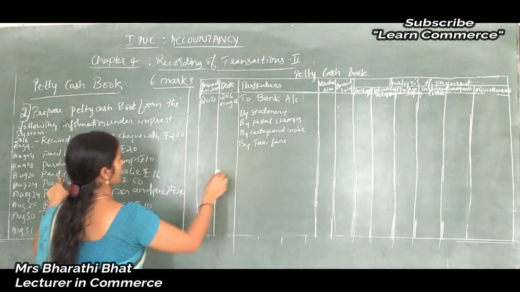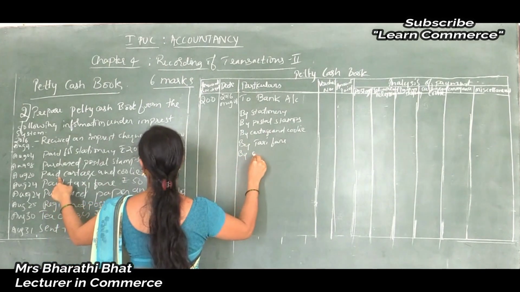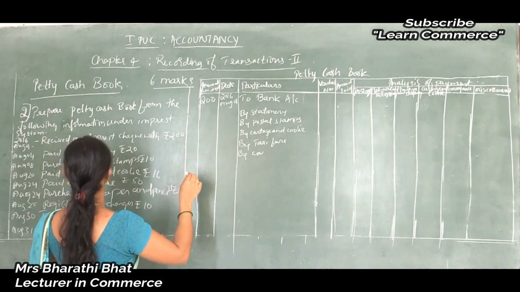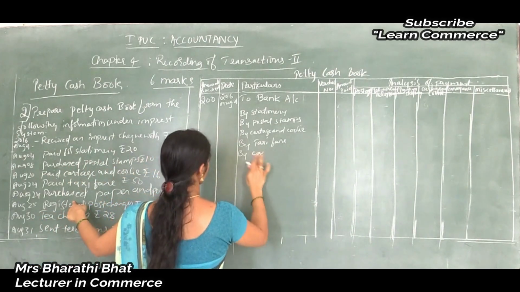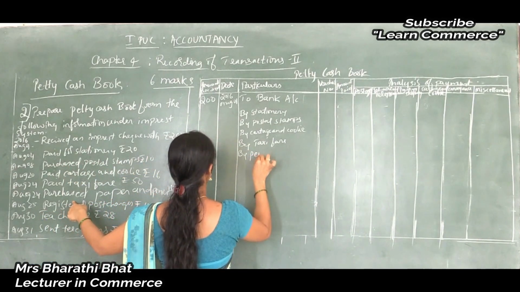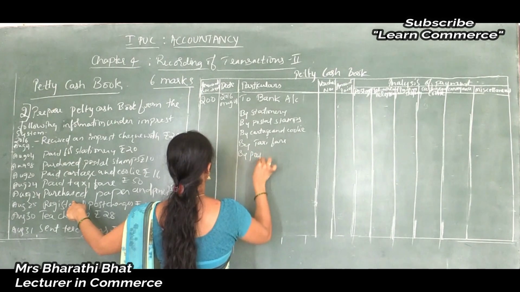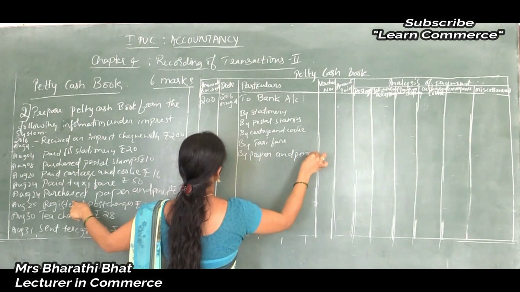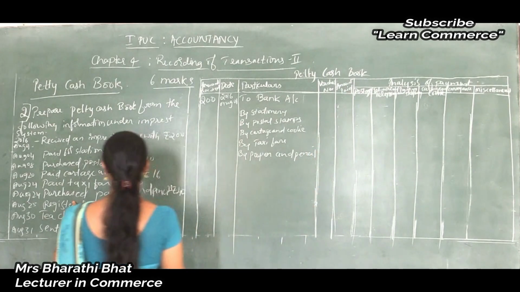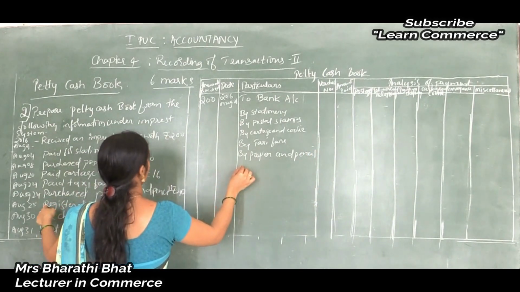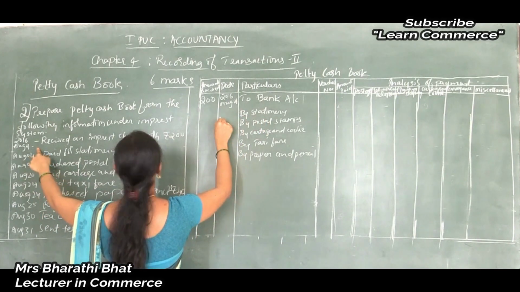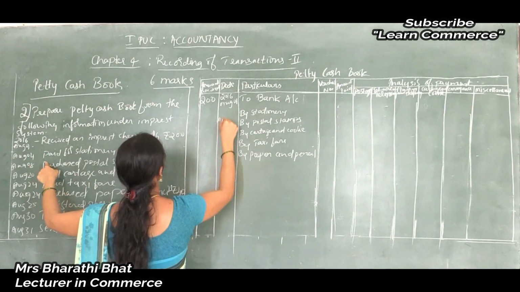So paid cartage and coolie, taxi fare, purchased paper and pencil. From where can you buy paper and pencils? Yes, stationery.